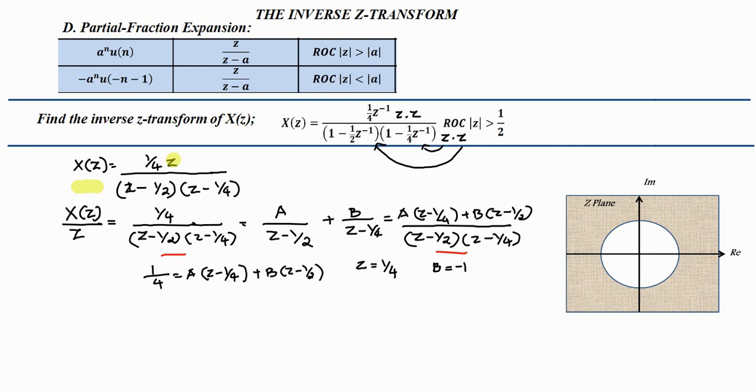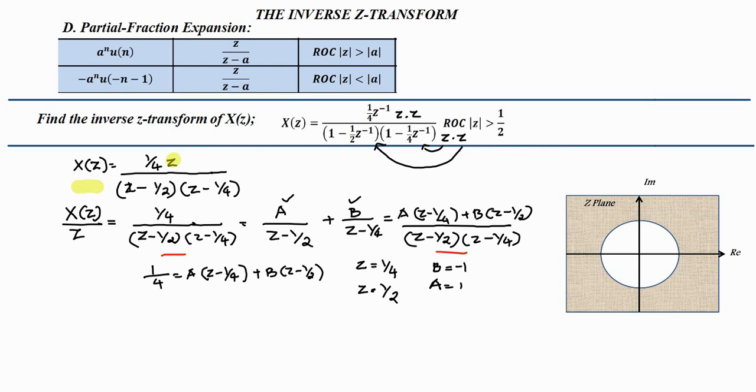Similarly, if you substitute z is equal to 1 by 2, the second term is equal to 0. Here you will get A into 1 by 2 minus 1 by 4, so A is equal to 1. So we got the values of A and B.